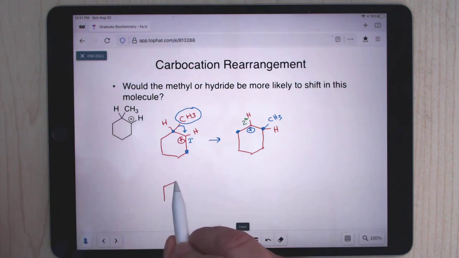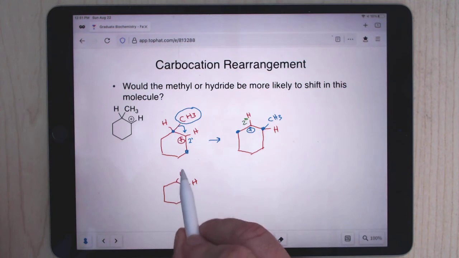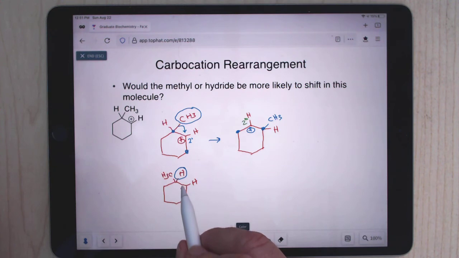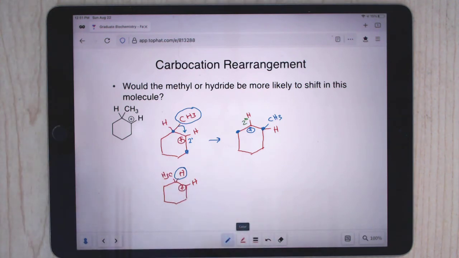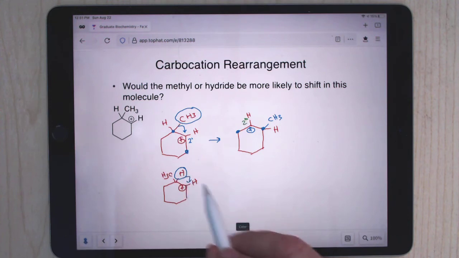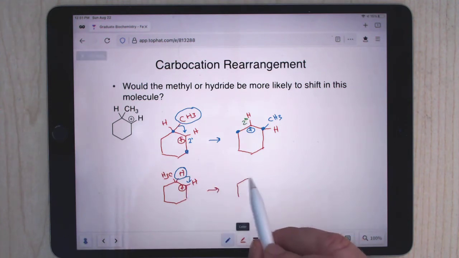But instead, let's move that hydrogen over. There's a positive charge right there. So let's move that hydrogen over. We move the hydrogen over there, so we end up with this.